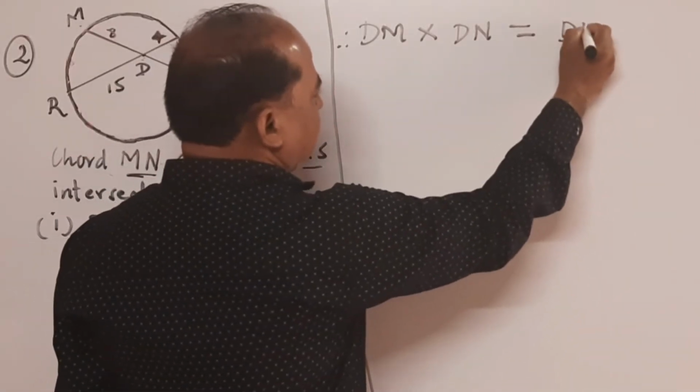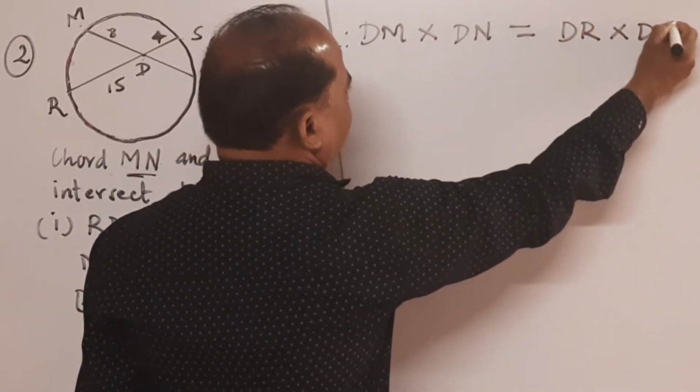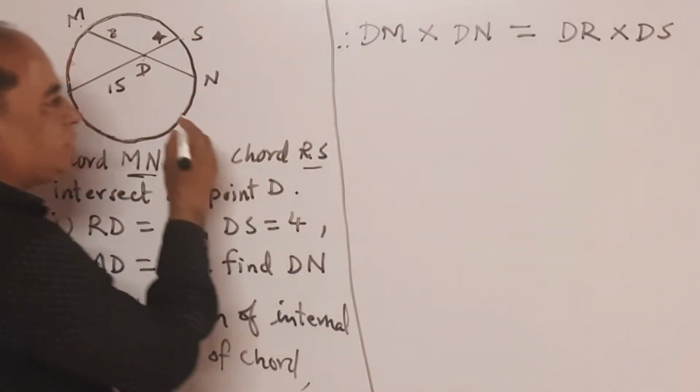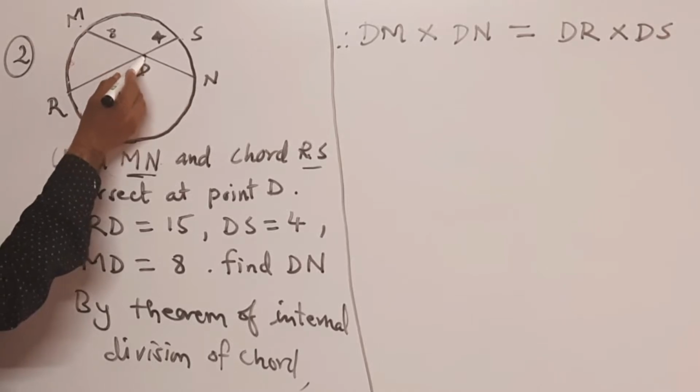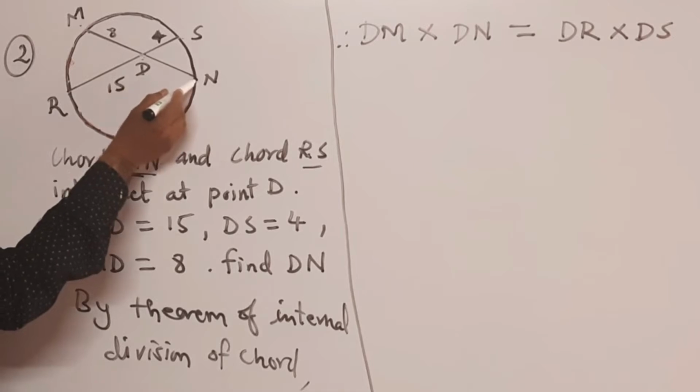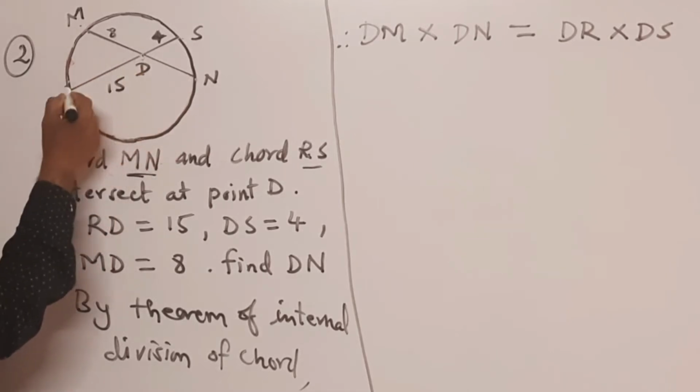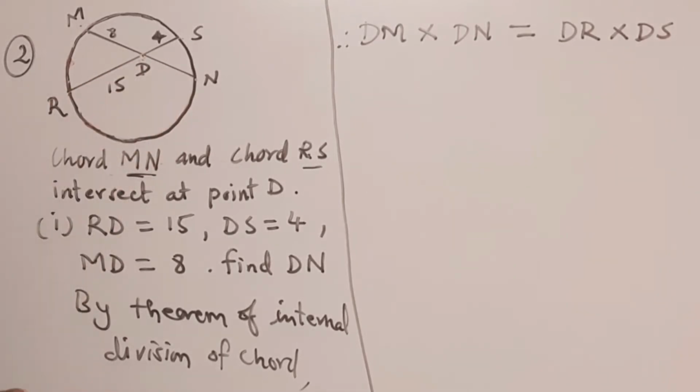From the point of intersection we start, by the theorem of two chords intersecting internally. When they intersect internally, then DM into DN is equal to DR into DS.